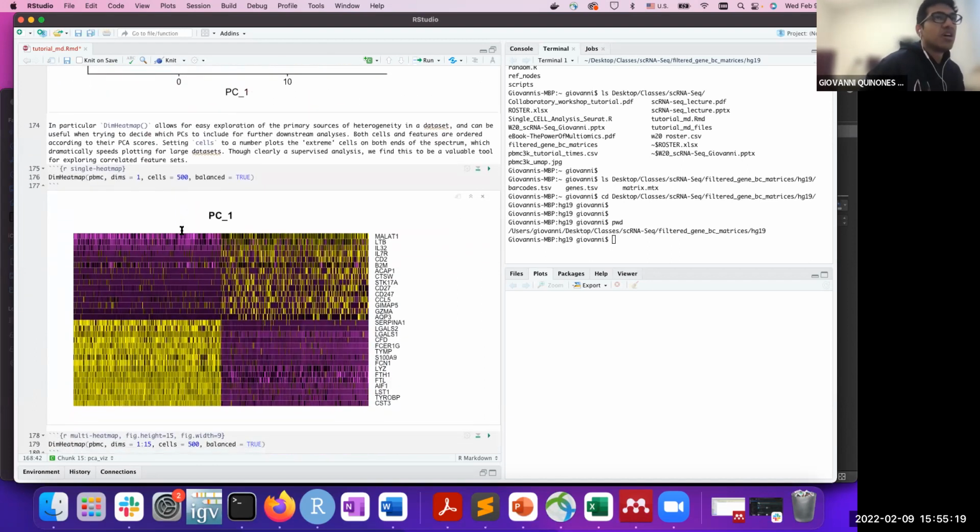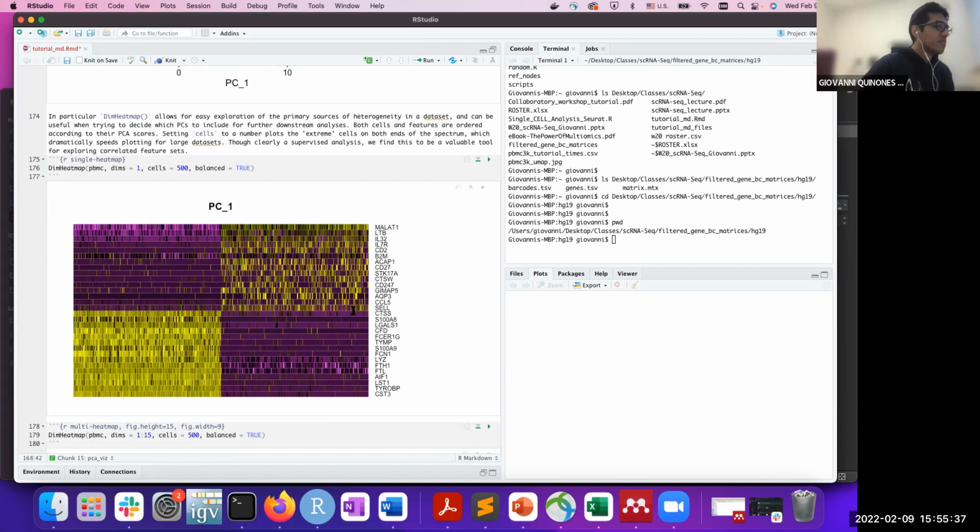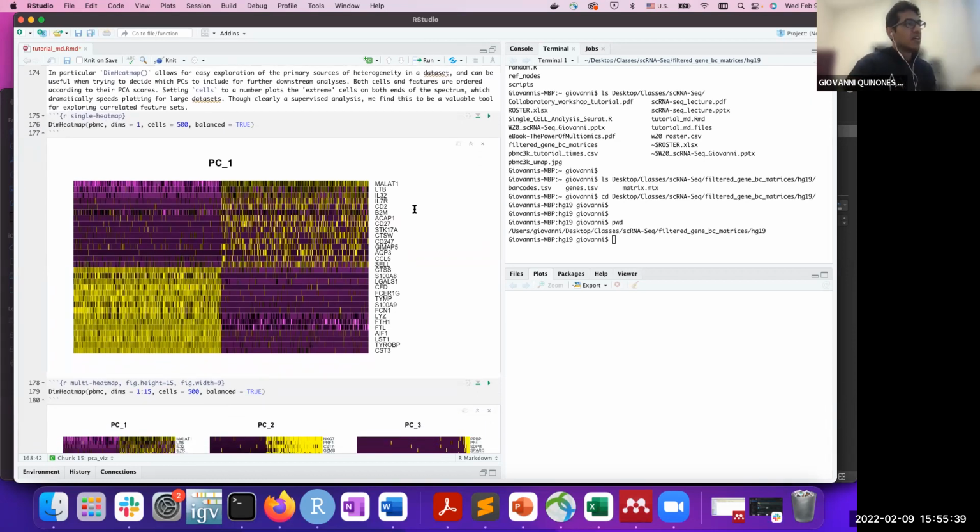If we move on to the next cell, where we have this dim heat map function, we're going to select 500 cells and plot their values on one of the PCs, in this case PC1. If you plot this function, you'll see we have our gene names here, and the colors correspond to the values in the PC. I don't have the legend.